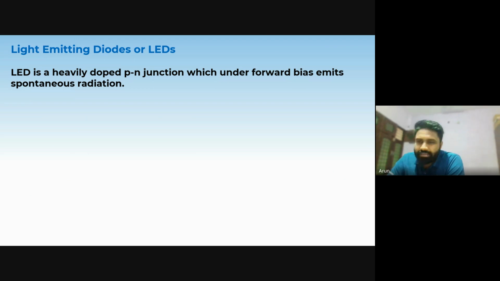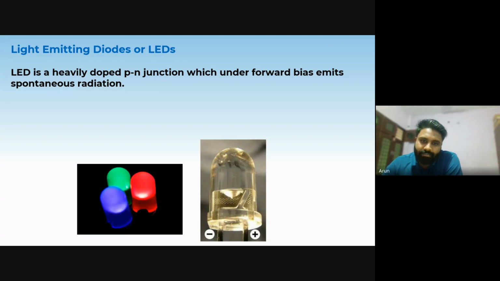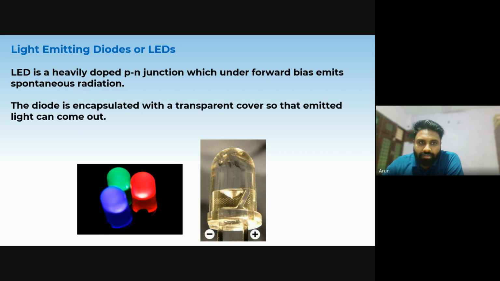That light should be in the visible region, so that you can see it: the red color LED, green color LED, yellow color LED. These are the most common LEDs that you have seen. So this diode is encapsulated. You will see this LED is in the form of a capsule.